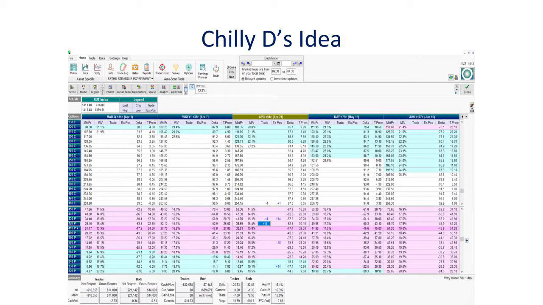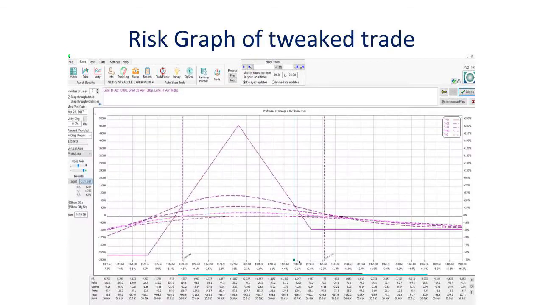So if you take a look at what's on the screen here right now, you'll see the call is being negated, and instead of buying the 1430 put, Chili D decided in this example to buy the 1420 put, making it a single transaction, and when it gets filled, it's filled, presumably at the price you were looking for, and you don't have to chase that deep in the money call. Now there are other implications which we can't get into today, otherwise the video would go on for an hour, of using this technique versus a deep in the money call and an equidistant butterfly.